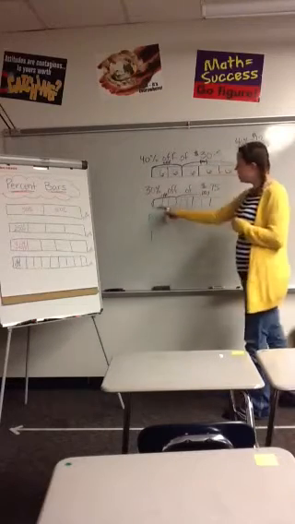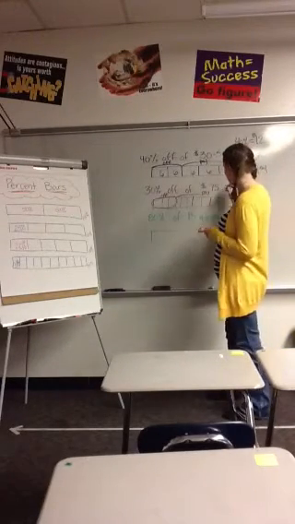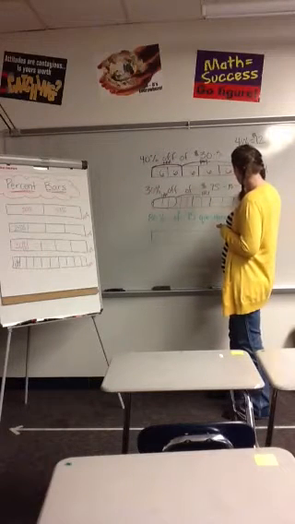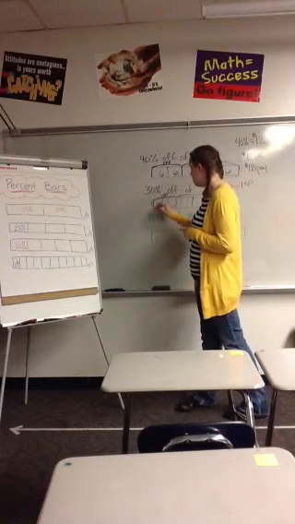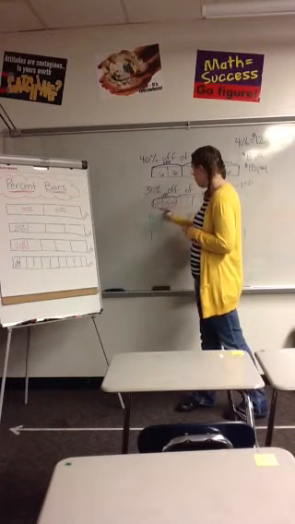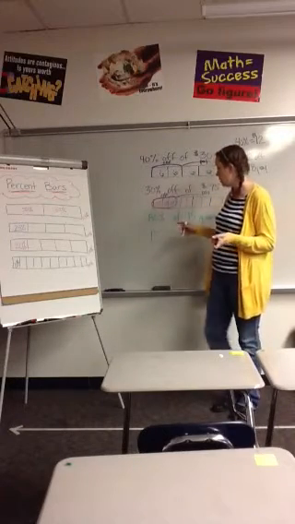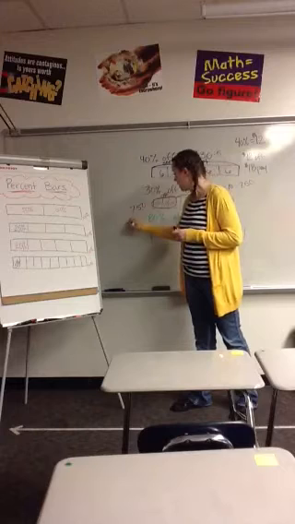Well, since I have 10 boxes, I have to split my $75 into 10 pieces. So 75 divided by 10 is going to equal $7.50. So that means $7.50 goes into each of my boxes. So $7.50 times 3 is going to tell me how much money I have off.